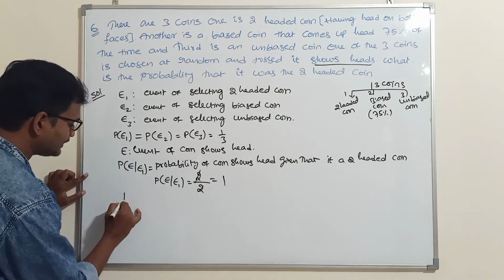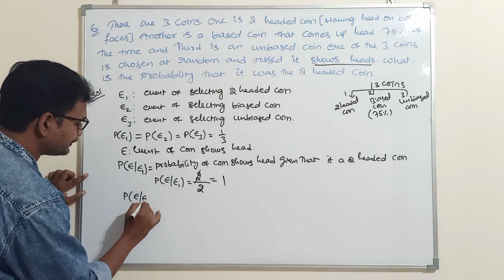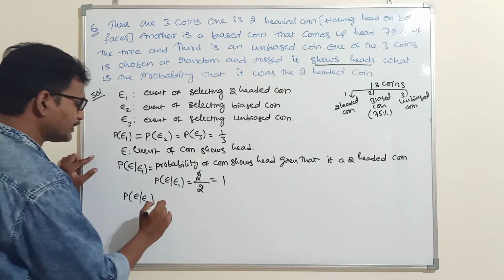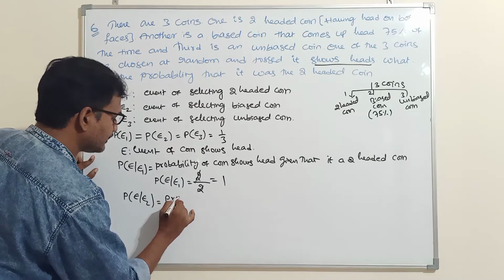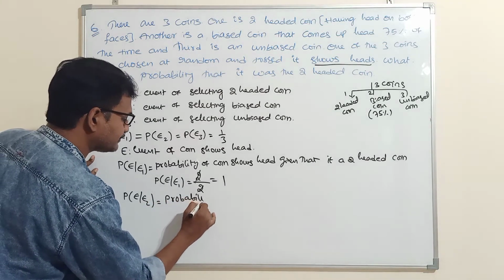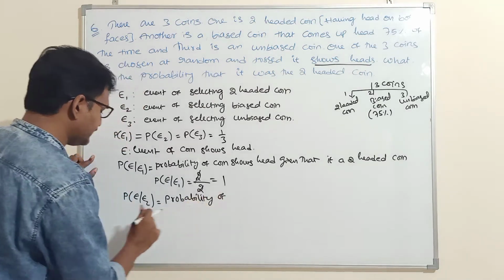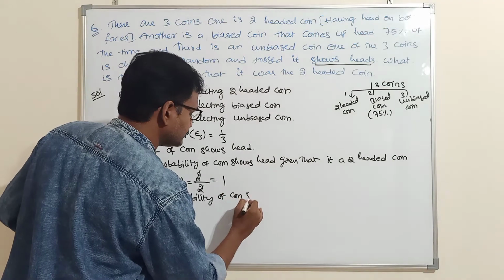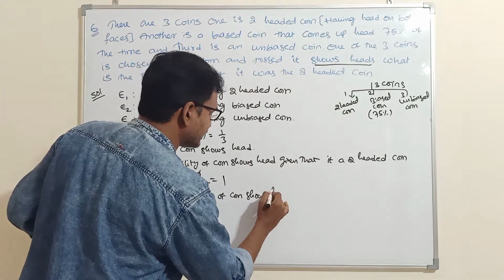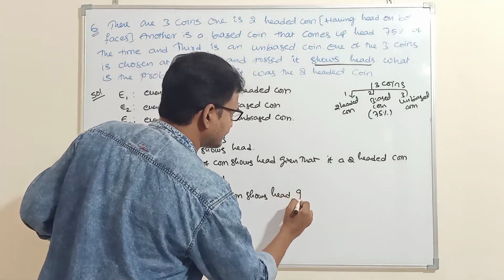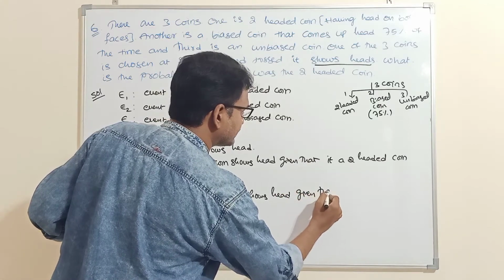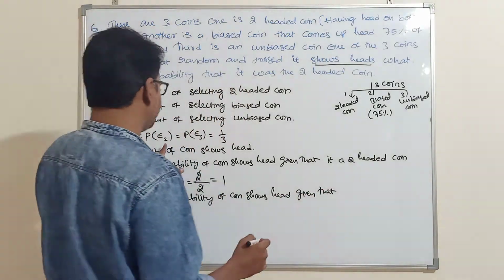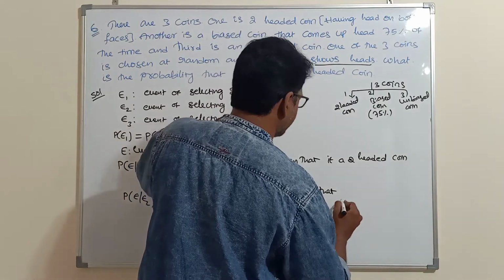Next, what is P of E given E2? E means the coin shows head, given that it is a biased coin.